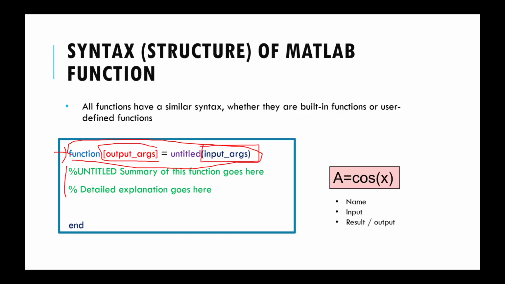Now let's look at the output arguments and also the input arguments. If you can see here, the output arguments are enclosed in the square brackets, while the input arguments are enclosed inside the round brackets, or we call it the parentheses.